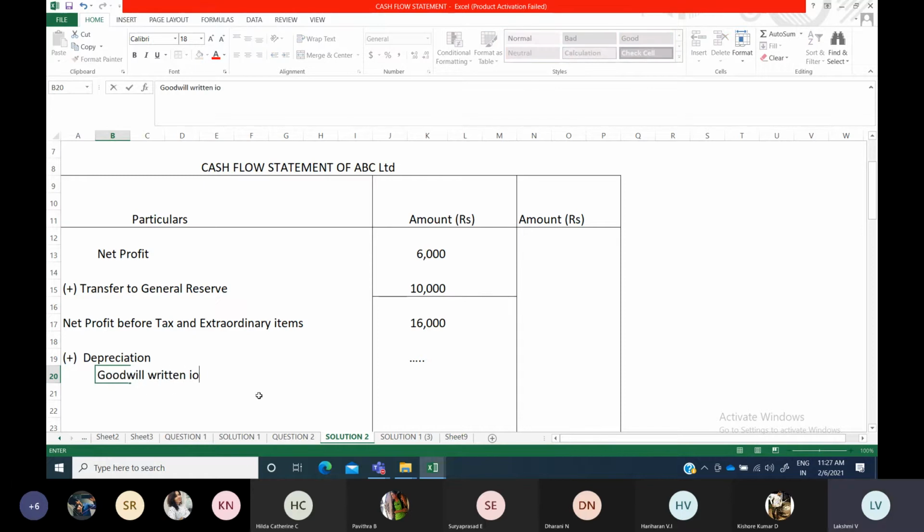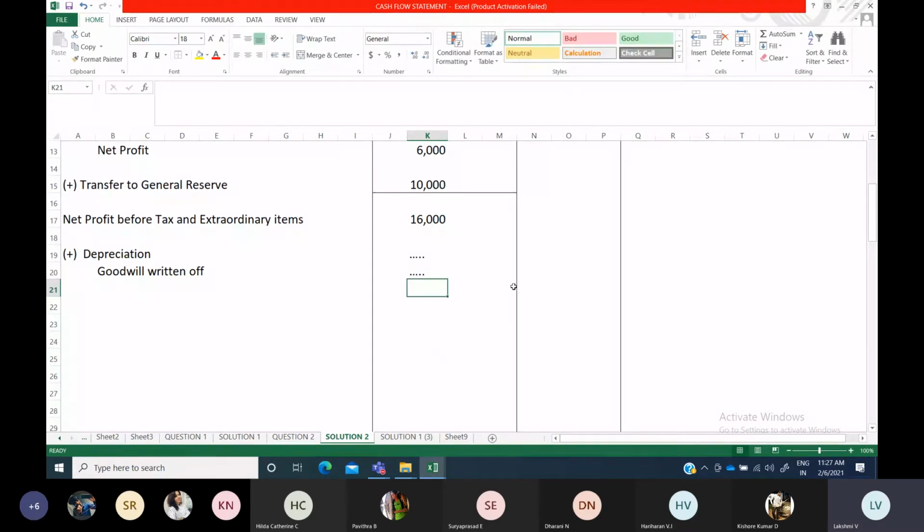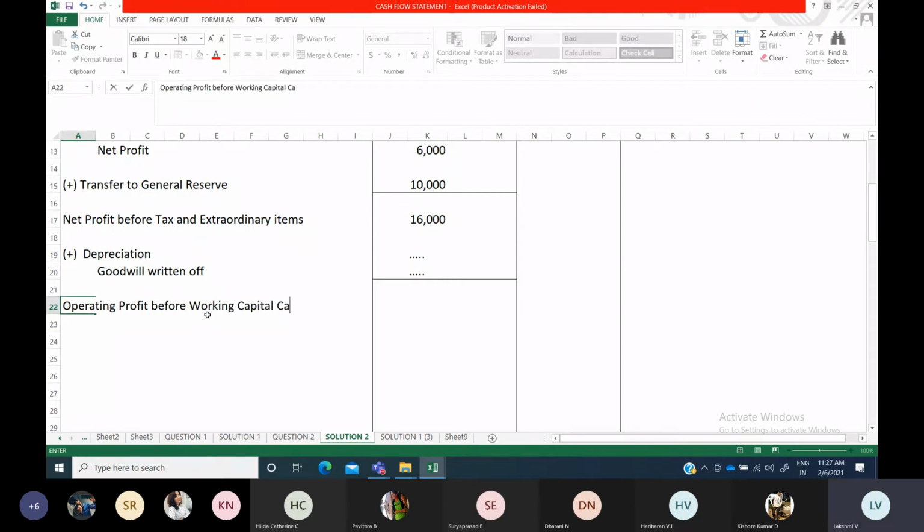Here you can show the amount if it is there, or else you can straight away show, and this amount is known as operating profit before working capital changes.